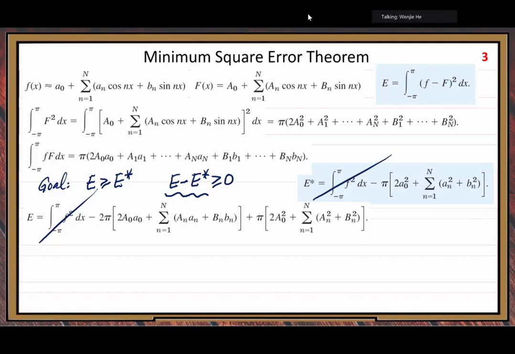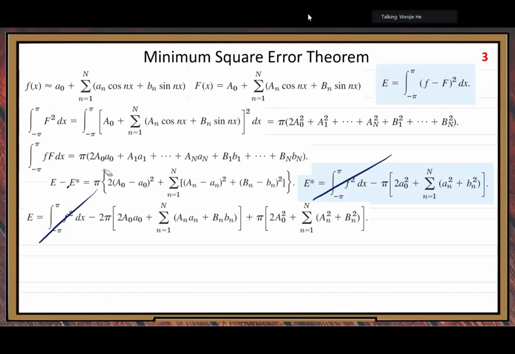So now let's compare the remaining terms by subtraction. Let me erase that part. The main formula, here I show you.